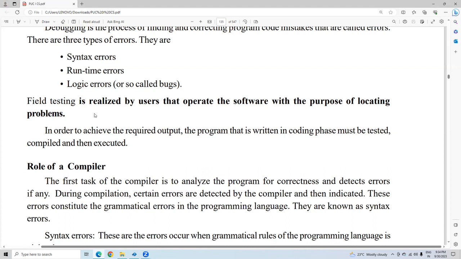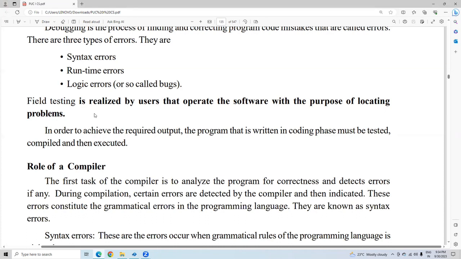See, field testing in the sense what? Sometimes you might have seen that when the software is completely released to the public for usage on the internet, some beta versions will be released. In those beta versions, what happens is it's a field testing.